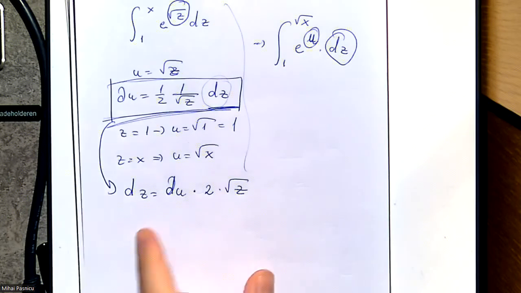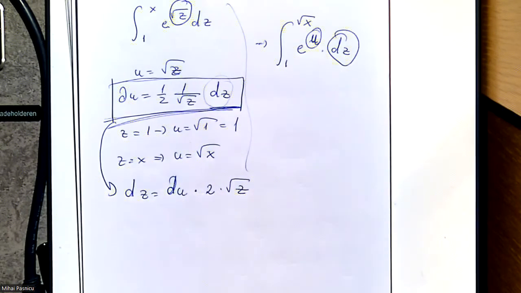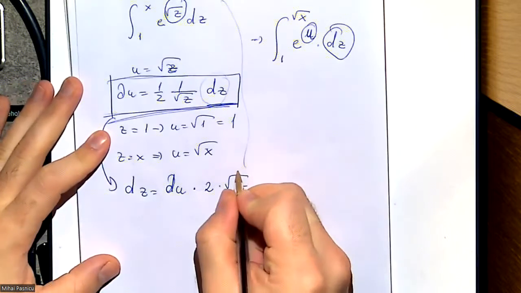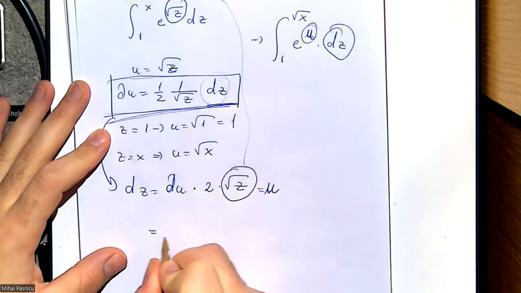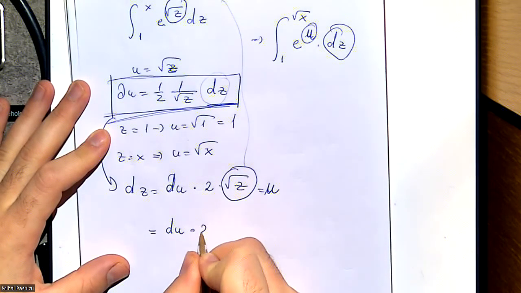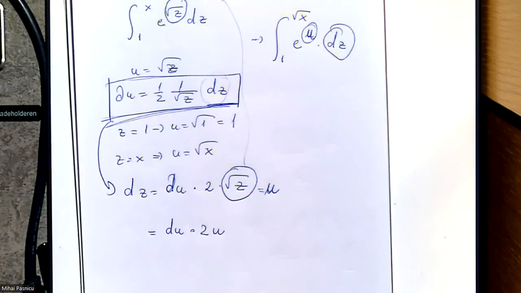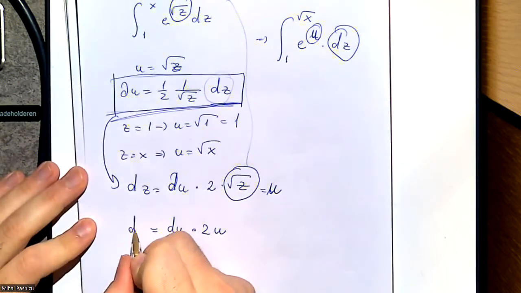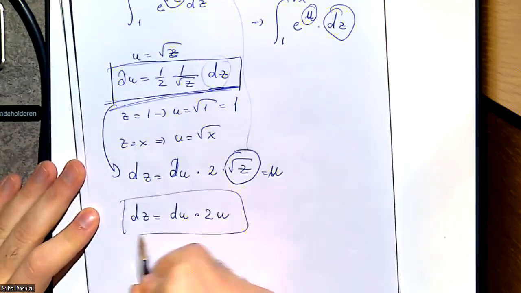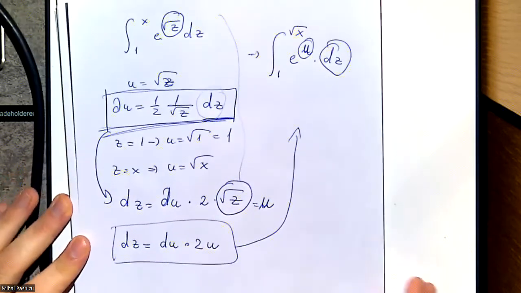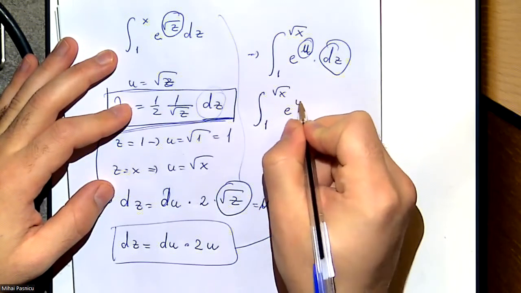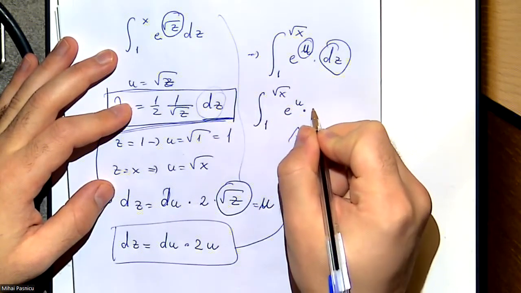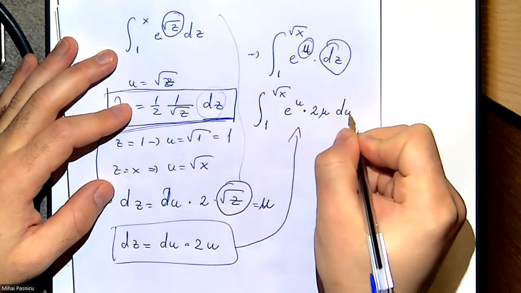But I still have a problem because I'm going to have du and dz at the same time. Now, square root of z is equal to u. That's the whole trick. That's the whole idea. So this is just equal to du times 2u. So now I can plug this new notation into my integral. So I get the integral from 1 to square root of x of e to the u times 2u du.